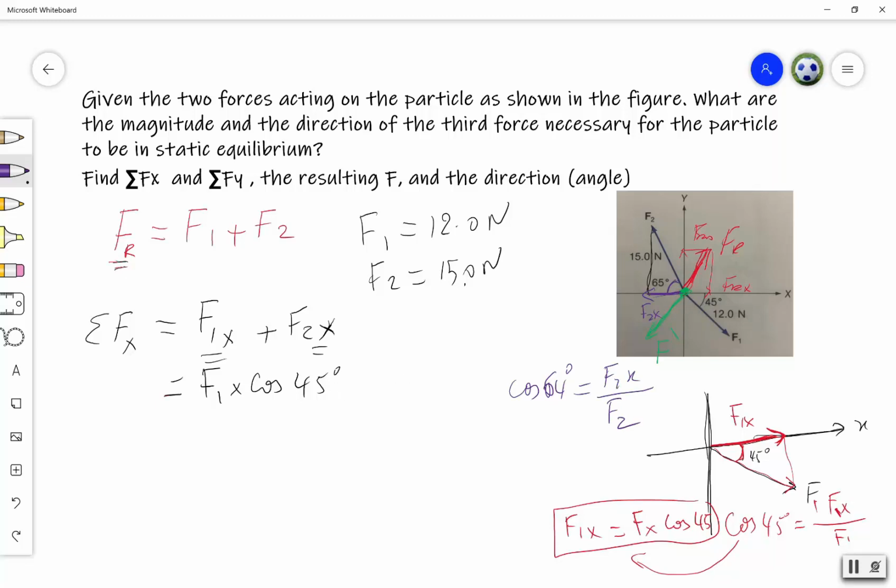But keep in mind that the F2x direction is opposite to the x direction, so it has to have a negative sign.